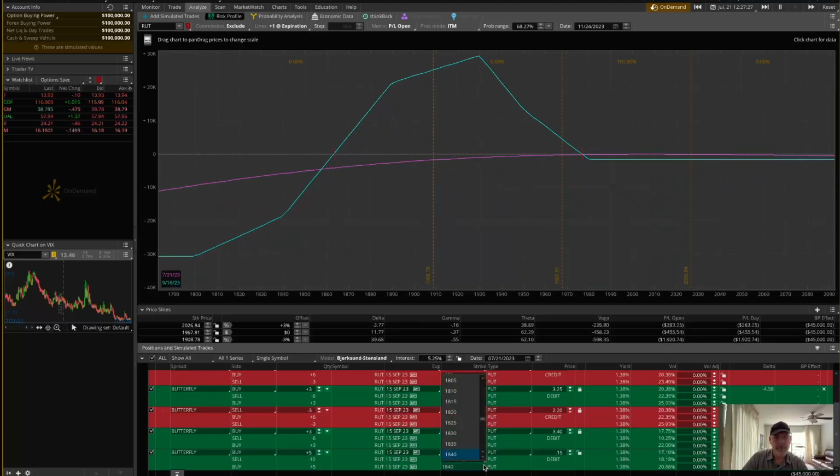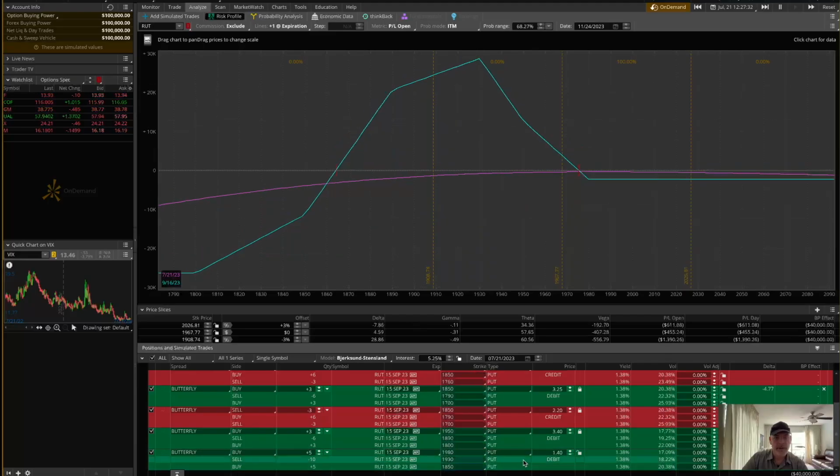Okay, so we're having trouble finding exactly what we want. So I'm just going to leave it at +5, but you could split the order, right? You could do 3 butterflies with 1 set of strikes and then 3 that's like 10 off, that kind of thing if you want to be exact about it. I'm going to run a little bit of positive delta. It's an arbitrary choice. So we're going to go ahead and ship it.